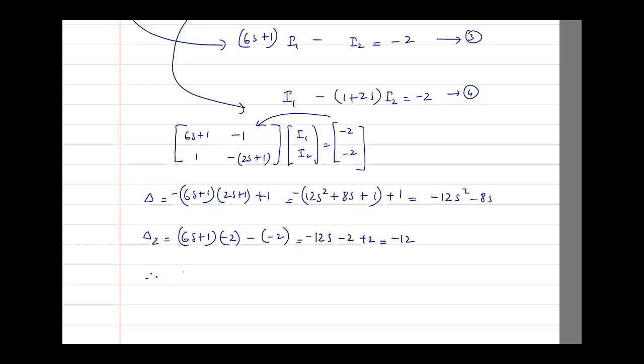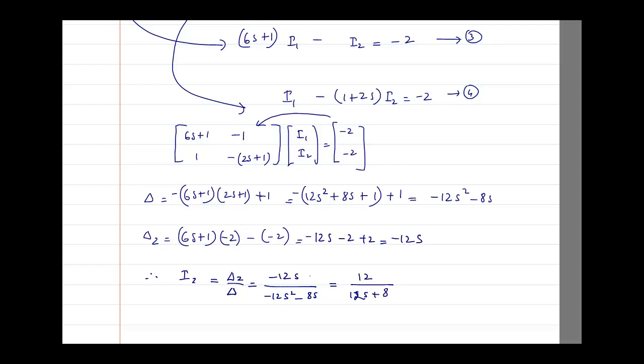Therefore, I2 is going to be delta 2 divided by delta, that is minus 12 divided by minus 12s square minus 8s, where minus 12s, so minus 12s, where 1s can cancel off. I will get 12 divided by 12s plus 8.